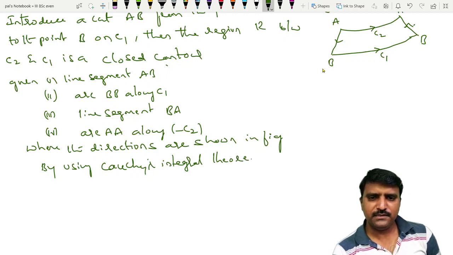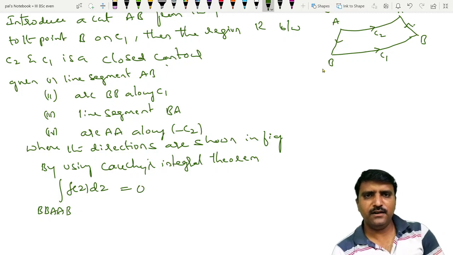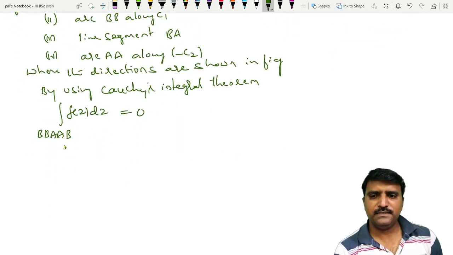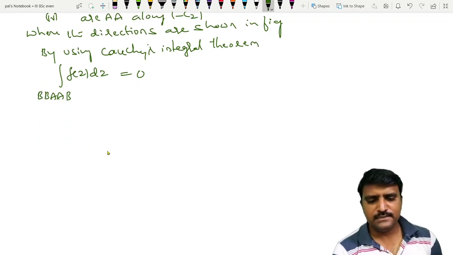We have a different formula. So the integration of f of z dz over ABBAA is equal to 0 according to Cauchy's integral theorem, because f of z is analytic and it is a closed contour, so its integration is 0.